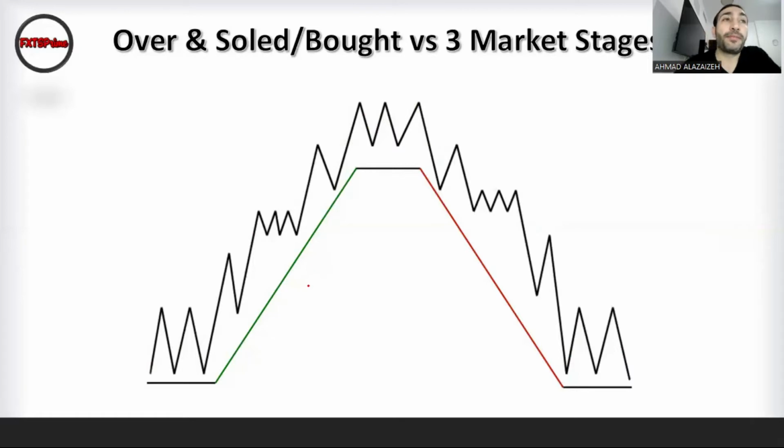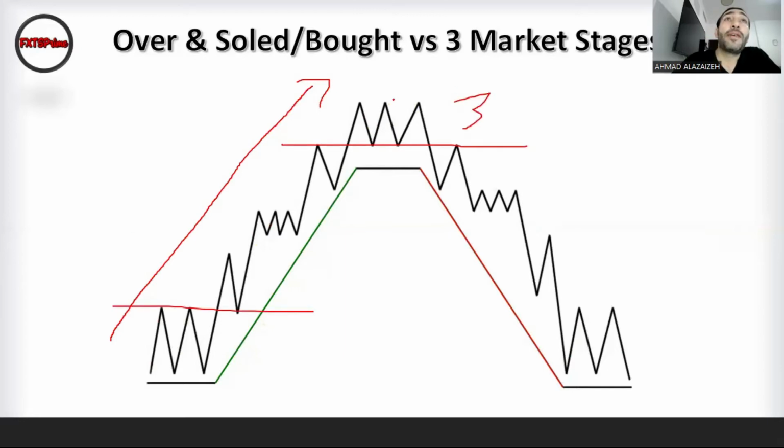So what does it mean? If you look here at this market stage, you will see that the price moved to reach that reversal pattern here, market stage 3. To reach that level, it has moved a lot. So the movement is big.